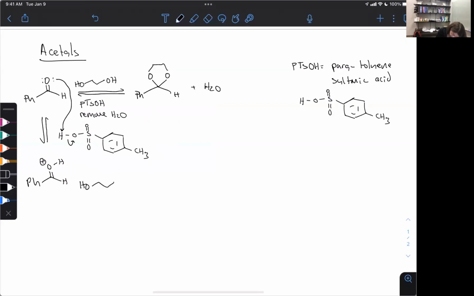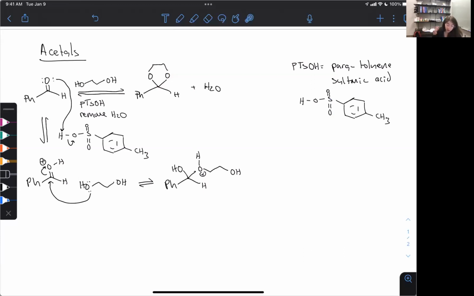So we're going to bring in our ethylene glycol here. So then we get to this positively charged intermediate. So we're kind of in that stage now where we're thinking about it like a tetrahedral intermediate. We're aiming to continuously be making carbonyls. In this case, we want to use water as our leaving group.